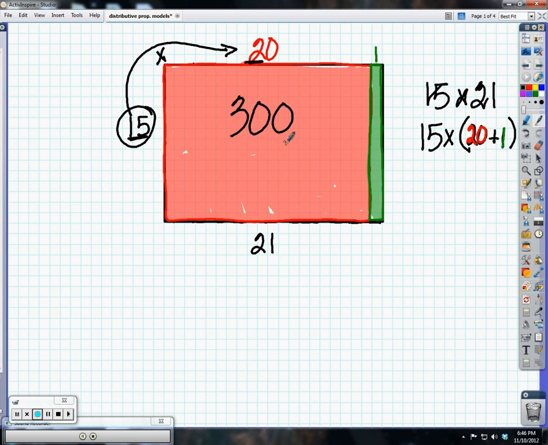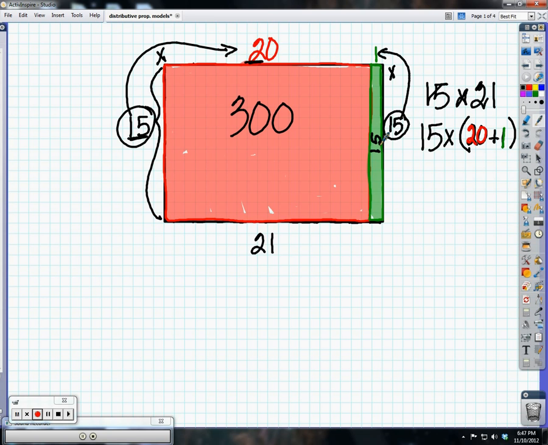For the smaller rectangle, now remember, if this measurement is 15 units on this side, on its opposite side, the measurement would also be 15 units. So I'll just copy that over here. And now I'm going to multiply the 15 times the 1. I'm going to have to turn this sideways since I don't have much room.